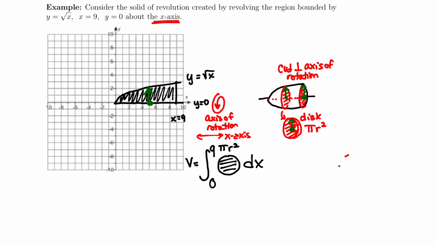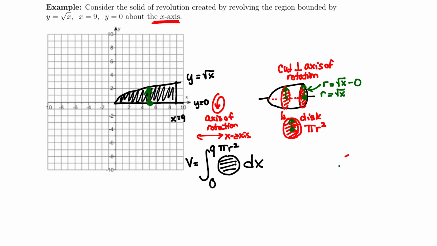So what is my radius for this problem? Yeah, Noah? Top minus bottom. It is. Square root of x. Beautiful. It's top minus bottom, so square root of x minus 0, which is just square root of x. My radius is my top function minus the bottom, so my radius is just square root of x.